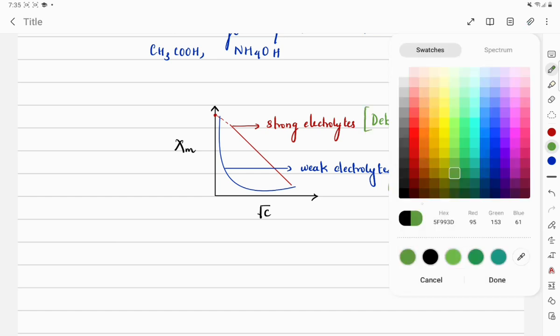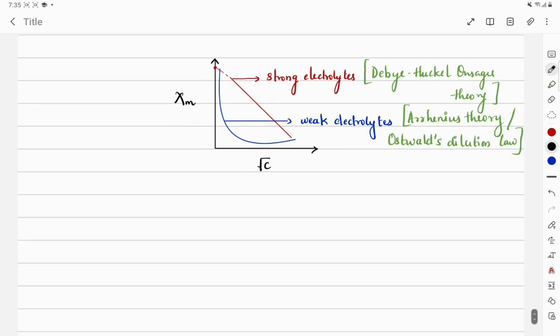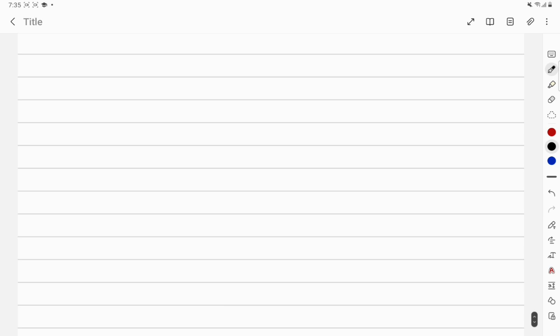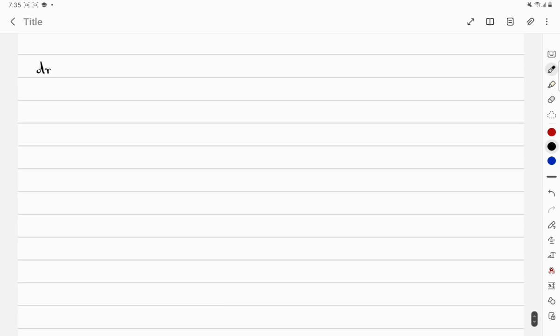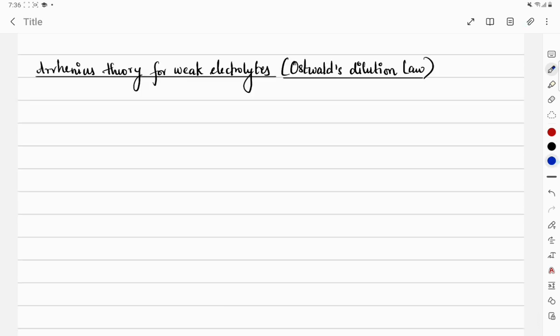So firstly we are going to see the Arrhenius theory, that is for weak electrolytes. According to Arrhenius theory, since weak electrolytes do not undergo complete dissociation, they will be in equilibrium with their ions. For example, let's consider a weak electrolyte, acetic acid.